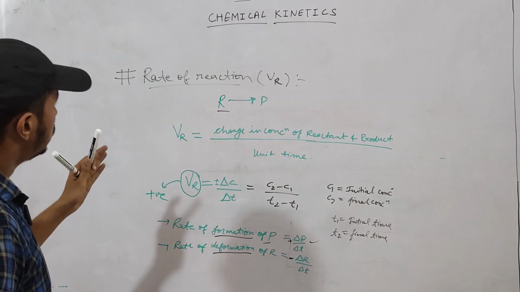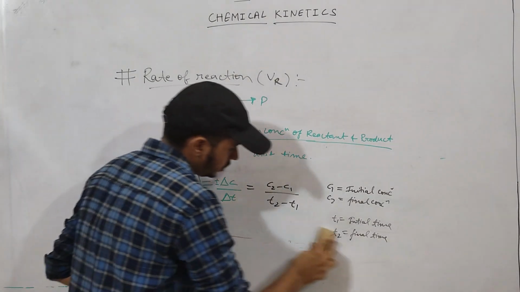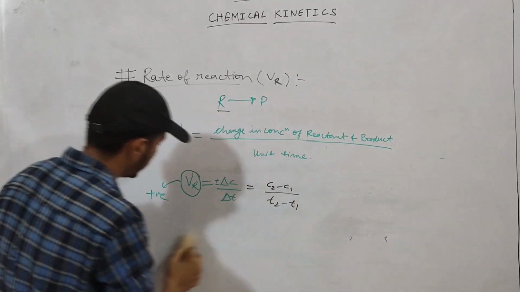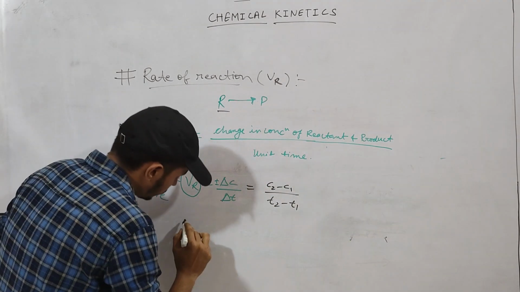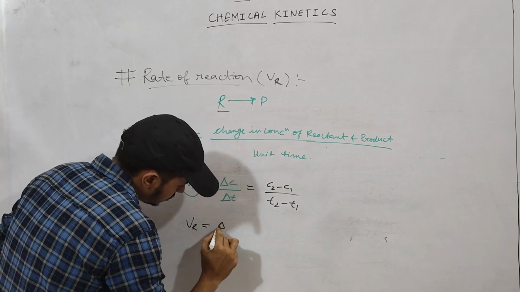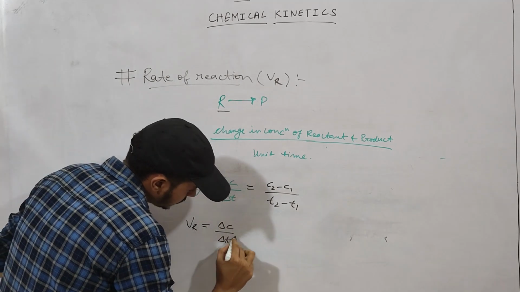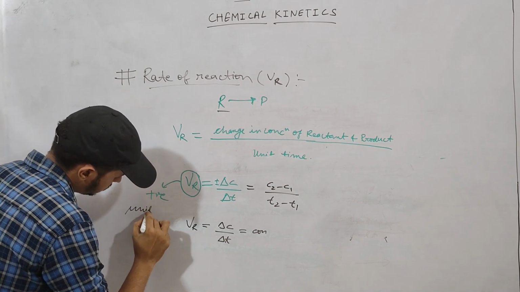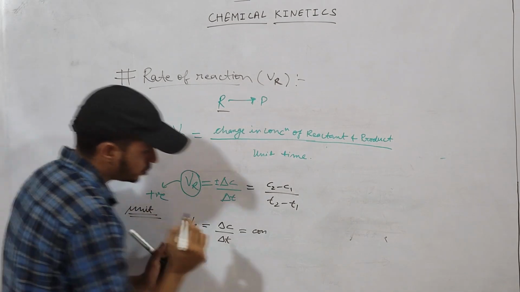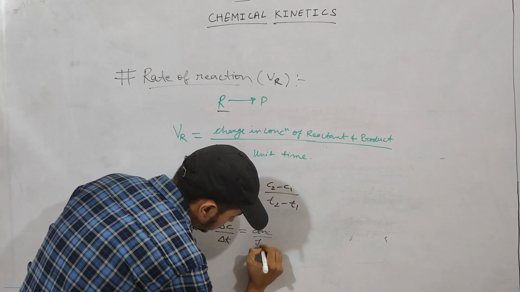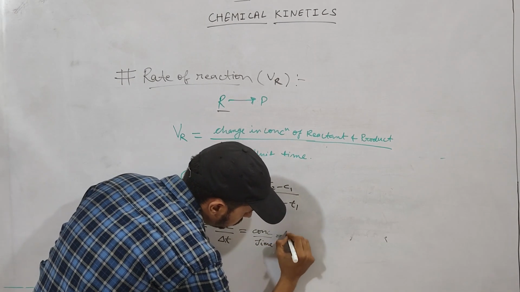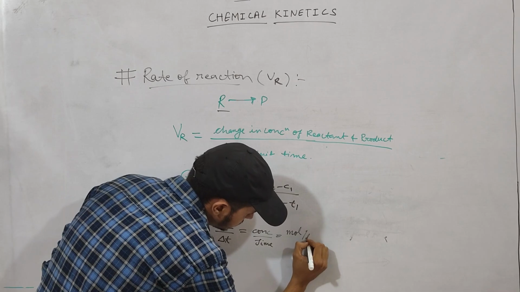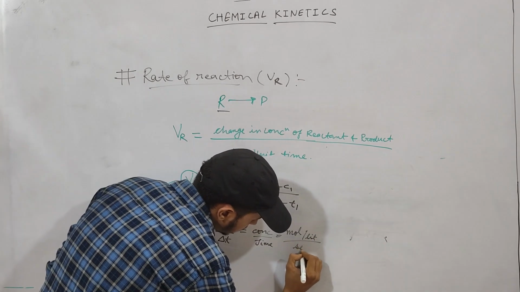So what is the unit of rate of reaction? See, let's derive it from this formula. This formula is change in concentration upon del T. So the unit of rate of reaction is concentration upon time. Concentration can be written as mole per liter, and time can be written as second.